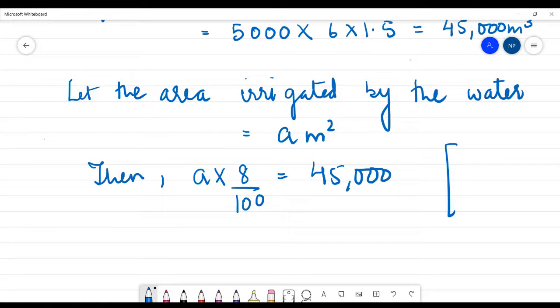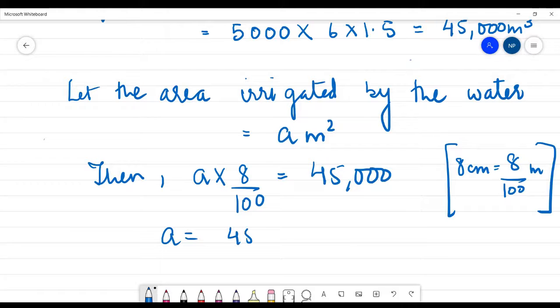Why are we writing 8 upon 100? Because this 8 centimeter we have to convert into meters. So this will become 8 upon 100 meters. So from here A will be 45,000 into 100 upon 8.